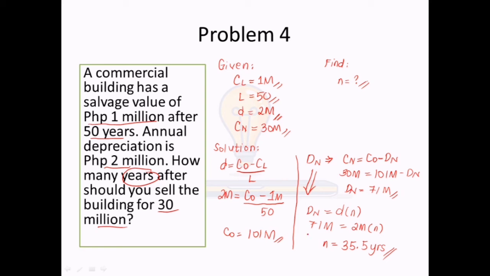Once again, the commercial building has an initial cost of 101 million pesos. In order to sell it for your considered amount of 30 million pesos, you need to wait for 35.5 years.